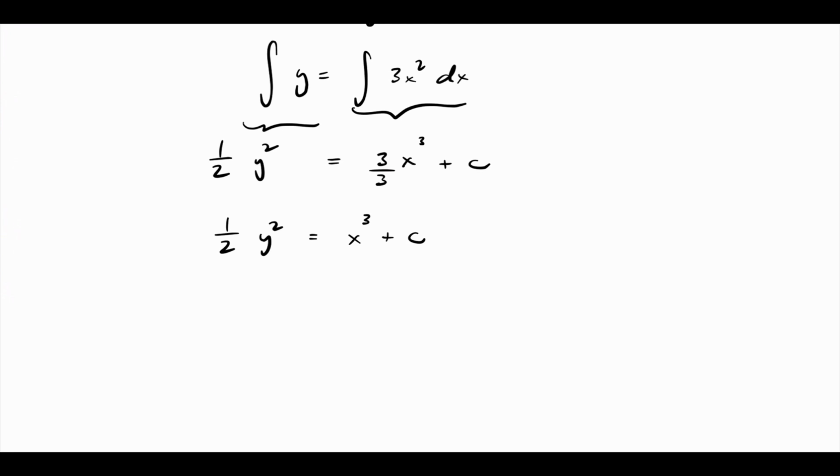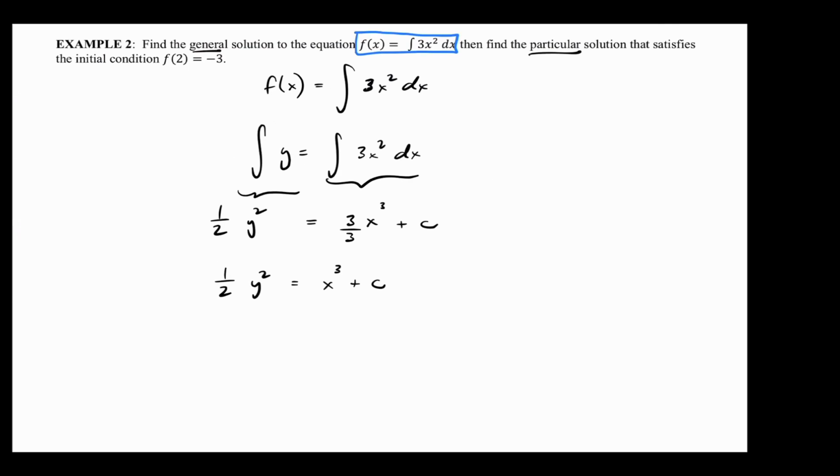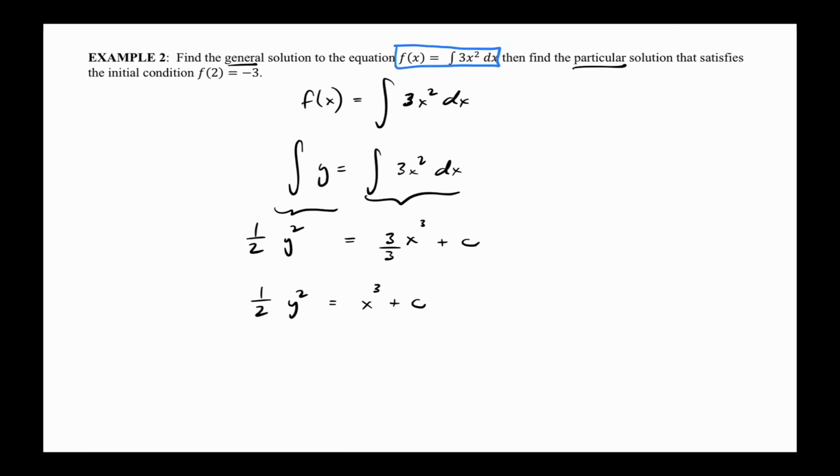Okay? So this is what we're going to do. I'm going to solve for c first. You could do it in any way. I could solve for y first, or I could solve for c first. Doesn't matter which way you do it. I like to plug in before I solve for y, but that's just me.